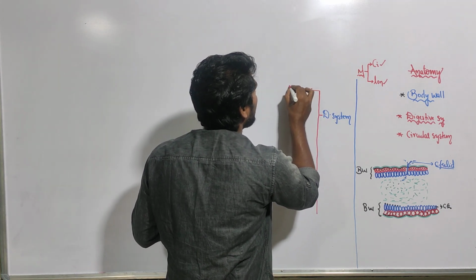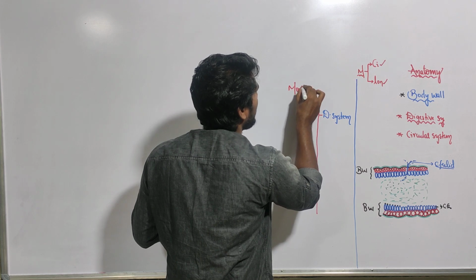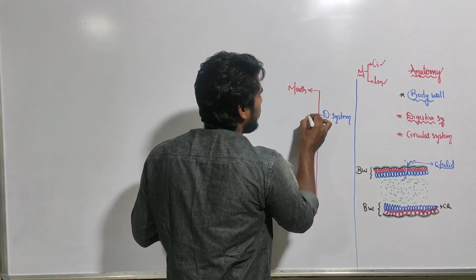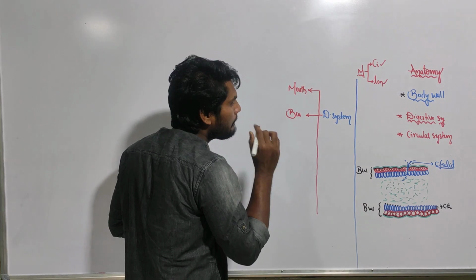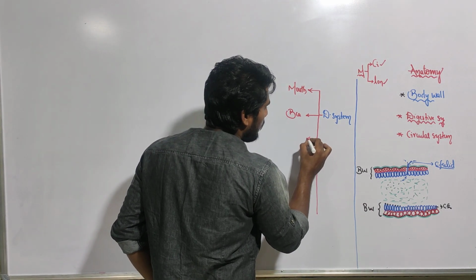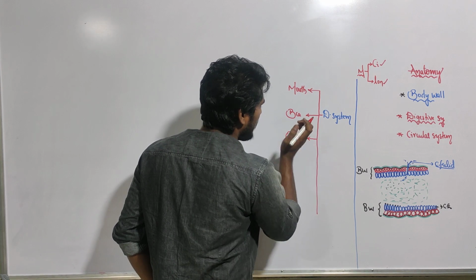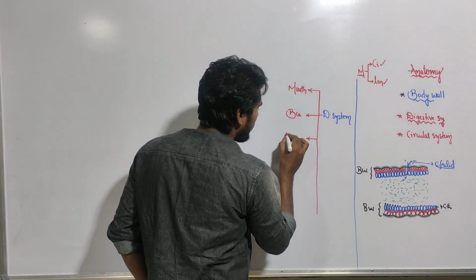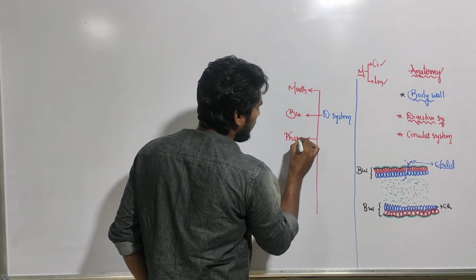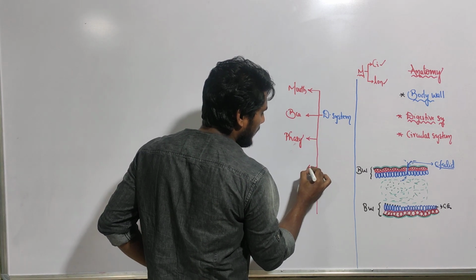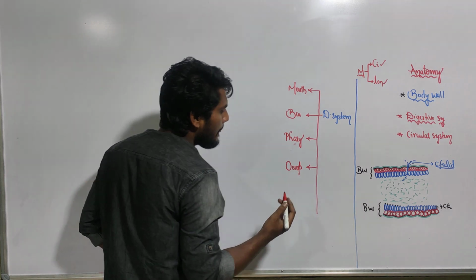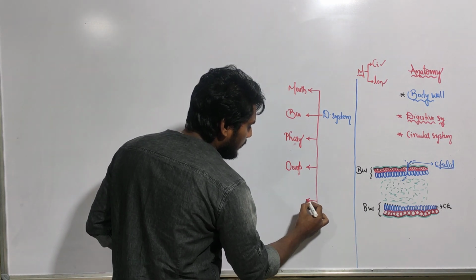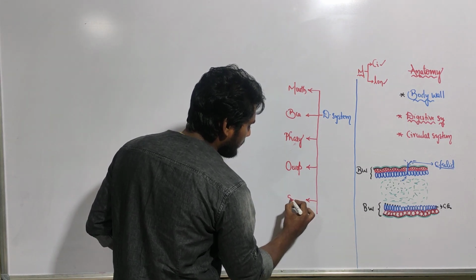The anterior opening is mouth, M-O-U-T-H, mouth, and mouth is followed by the buccal cavity. Buccal cavity, and the buccal cavity is followed by pharynx, and the pharynx is followed by the esophagus, and esophagus is followed by the stomach.